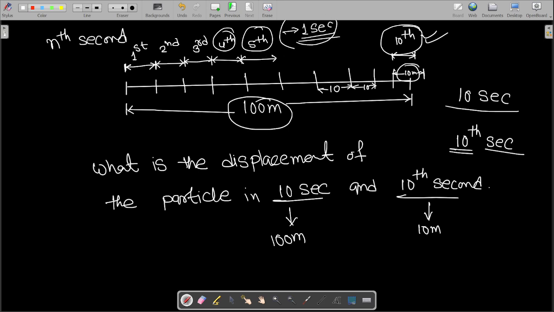It took only 1 second to cover the 10-meter portion here.